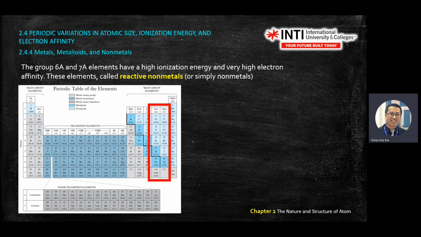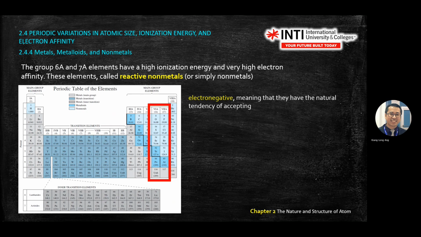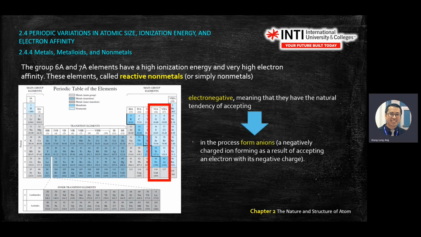Then reactive non-metals, especially group 6 and group 7, tend to pull electrons from outside. They are electronegative, so they form anions. Anions, not anode. Negative charge, because they pull external negative charge.